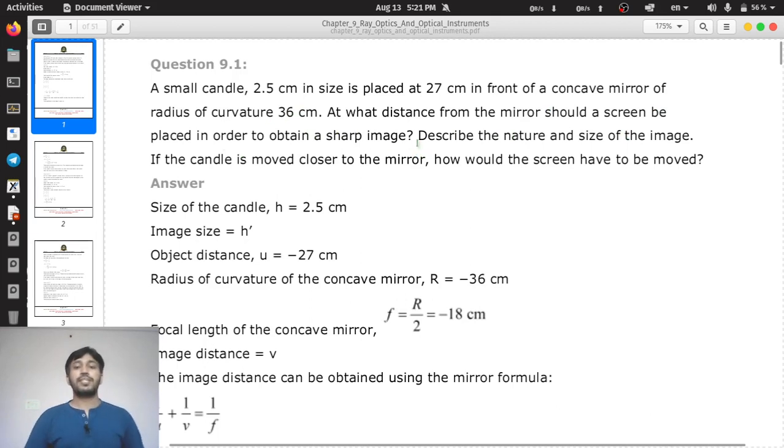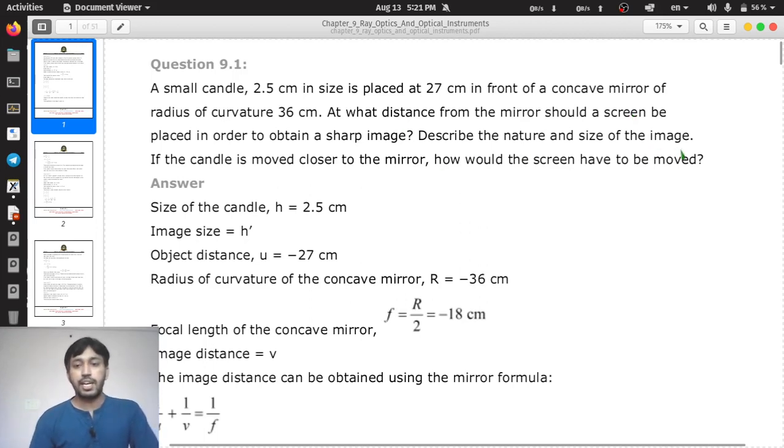Here you have to calculate the image distance. Read carefully: a screen is placed for the image formation, that means at the screen position the image will form. So basically you have to calculate the image distance.